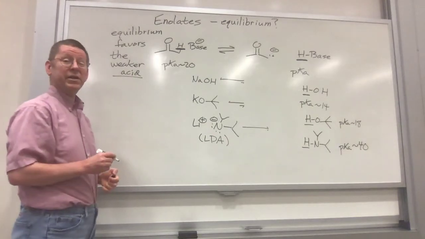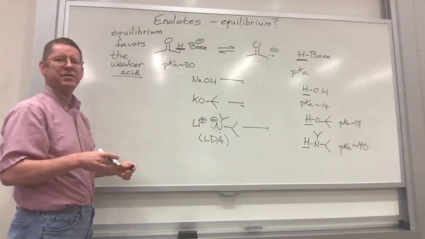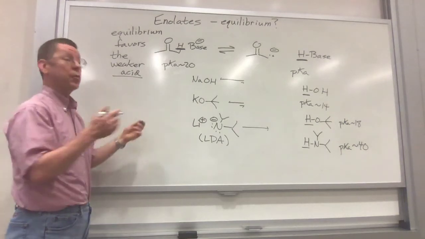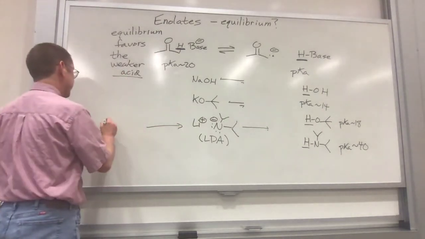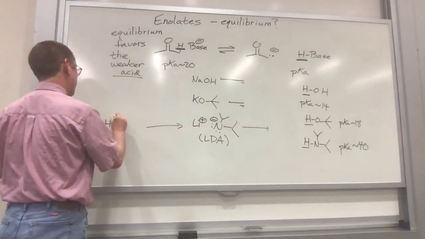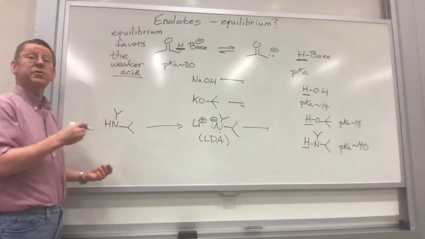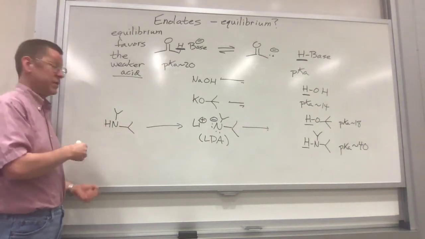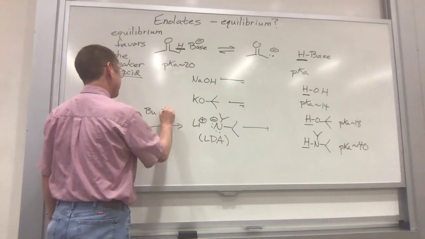One other thing about LDA, this is not some miracle reagent that comes from nowhere. We actually produce LDA starting from diisopropylamine, and then we treat it with something that's an even stronger base. Typically what's used for this is actually n-butyllithium.